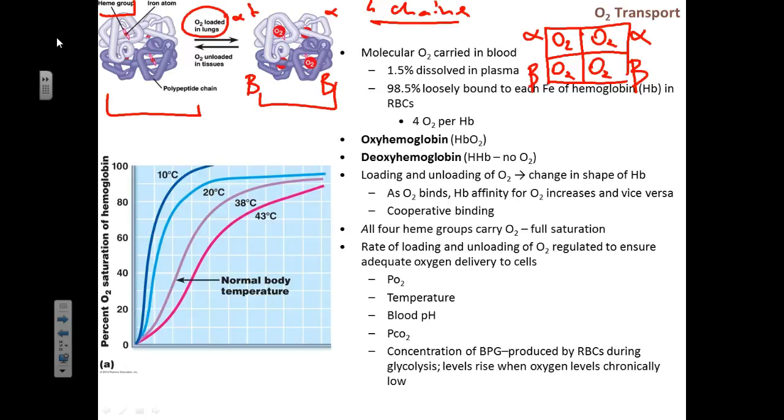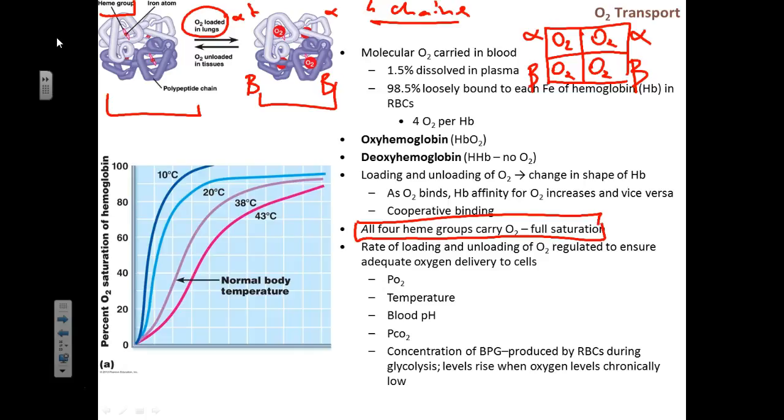So when we talk about the saturation of hemoglobin, we talk about an average number. You take all the hemoglobin molecules in the blood and you average. Does that make sense?